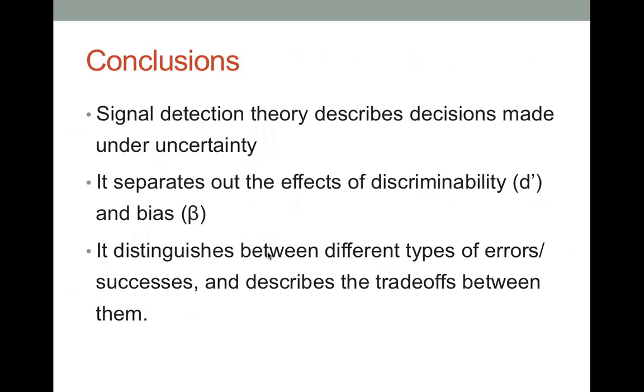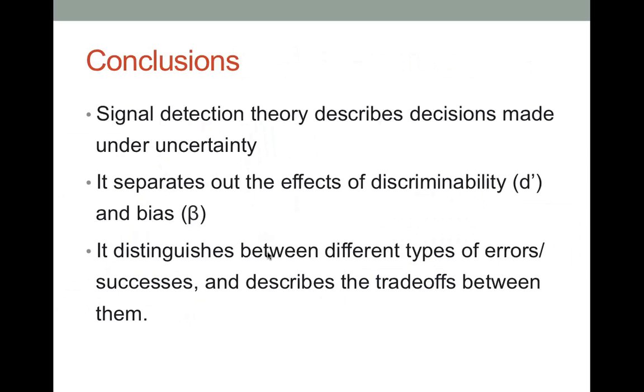So that is a short preview of what signal detection theory is. It describes decisions made under uncertainty and does so by using those perceptual distributions. It separates out the effects of discriminability, which is how far apart the two distributions are and is represented as d prime, from bias, beta.